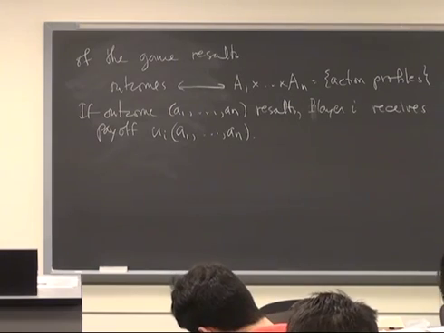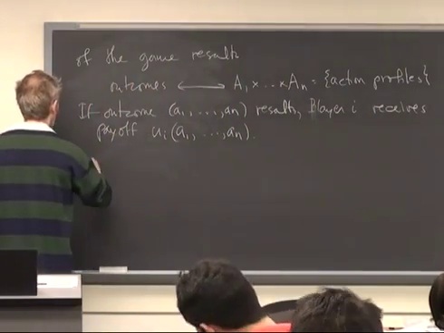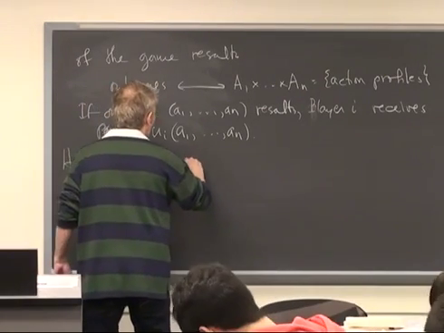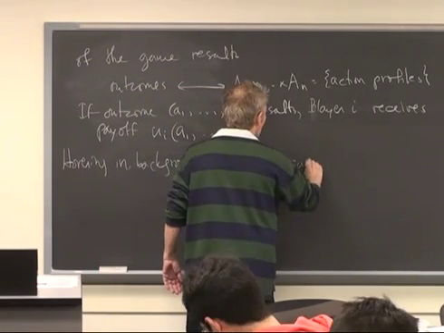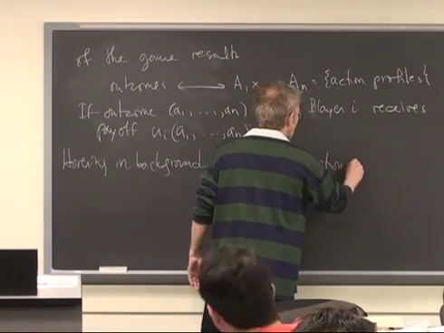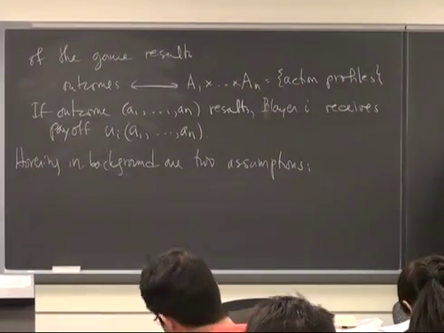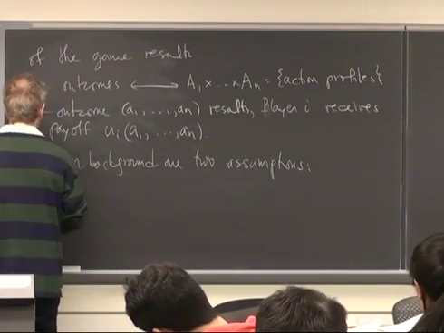Now, what are the background assumptions? So hovering in the background are two assumptions. And these are sort of multi-headed monster assumptions. Okay, the first assumption is about the players.